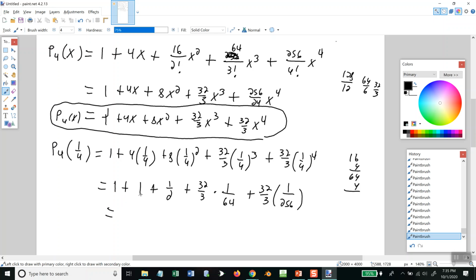1 plus 1 is 2, plus 1/2 gives us 5/2. This 32 cancels that. That gives us 2 there. That gives us 1/6. I don't know why I'm doing this. 16 over 128. So 16 thirds times 1 over 128.